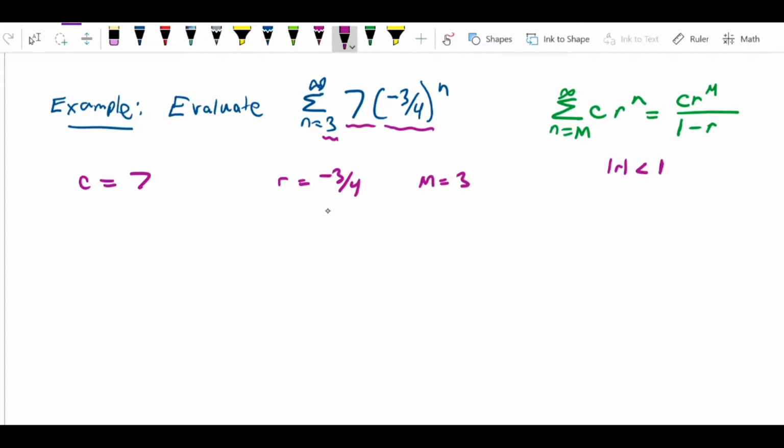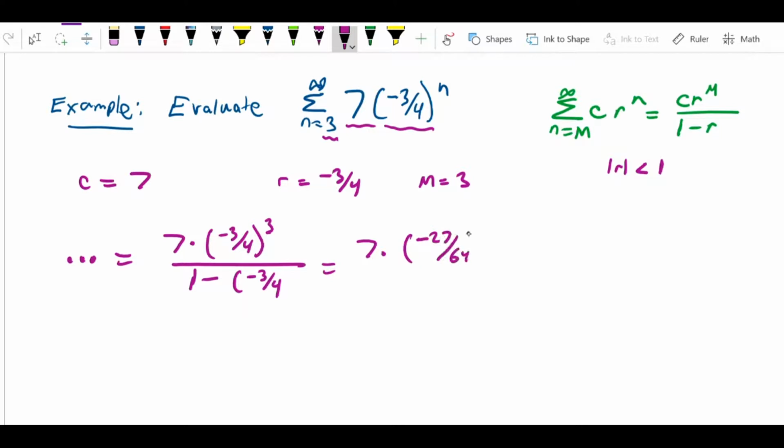So we can proceed and simply write that the given summation is going to equal 7 times (-3/4) to the 3 over 1 minus -3/4.